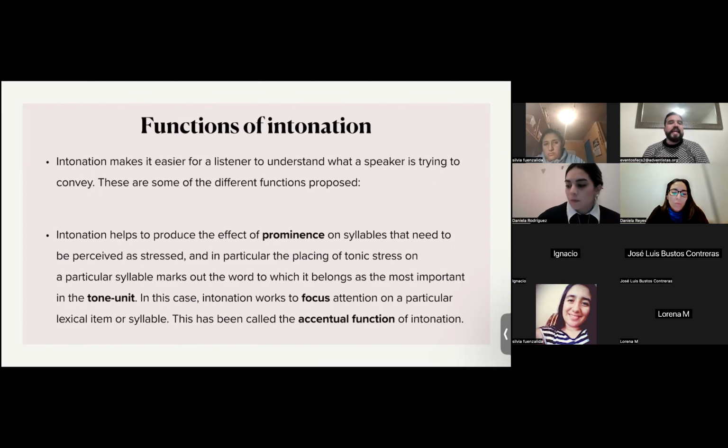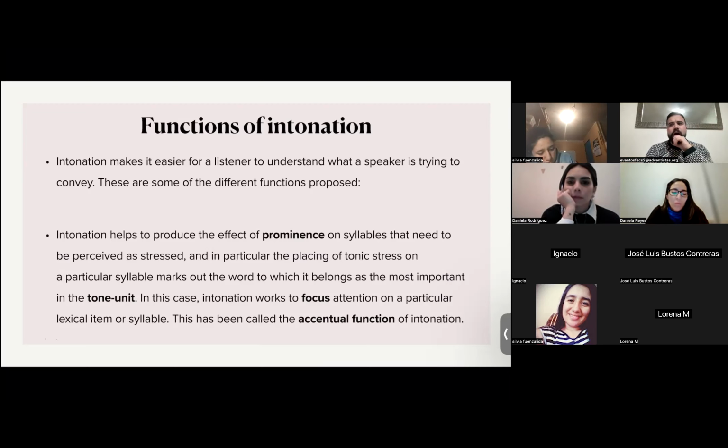Another one is that intonation helps to produce the effect of prominence. For example, you are teachers. You have taught different children or different people. And you know that prominence is a technique to provide feedback or to ask students to realize about a mistake.